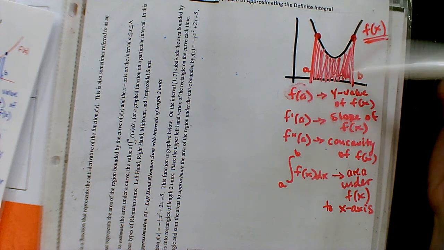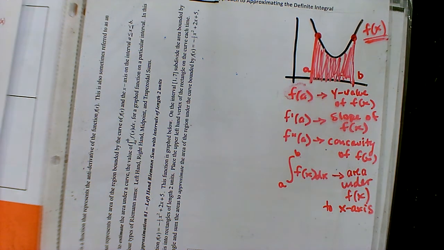Can we get this result? To help us calculate it, it would be nice to use geometric shapes, because we know areas of rectangles, triangles, and circles. But notice that underneath this parabola, it's not a solid shape.